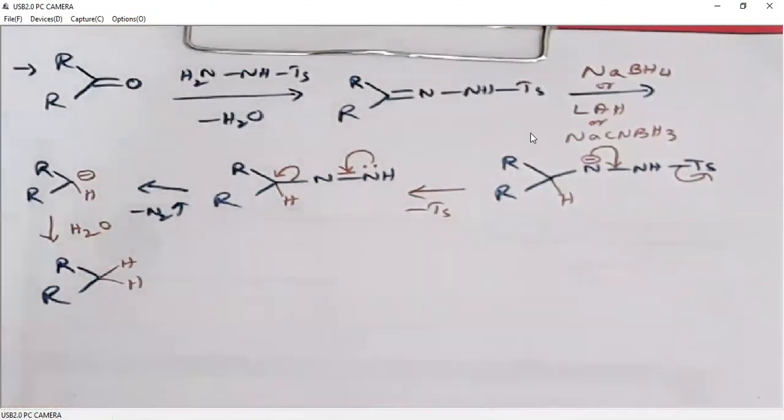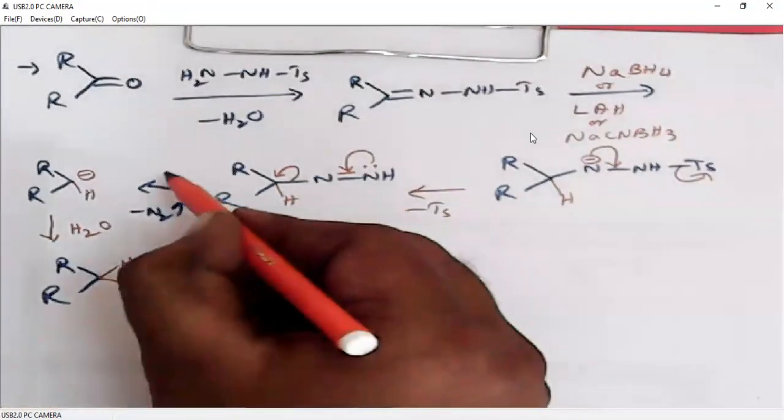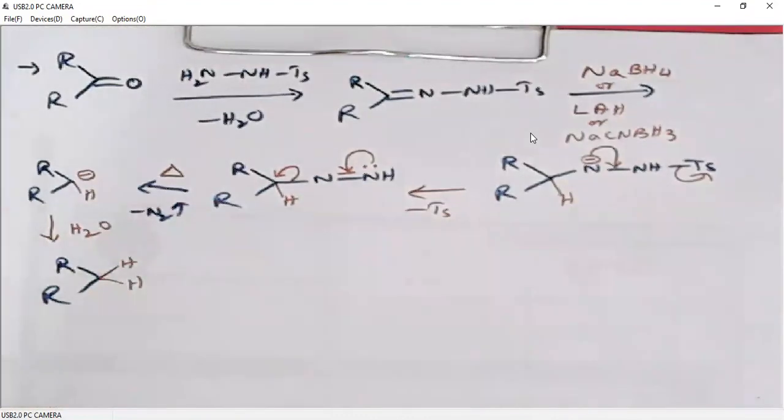So it is a small modification to the Wolff-Kishner reduction. So instead of simple hydrazine, we can also use tosyl hydrazine. Here it should be heating. The reaction condition must be heating. So we can use tosyl hydrazine so that we don't need a base.